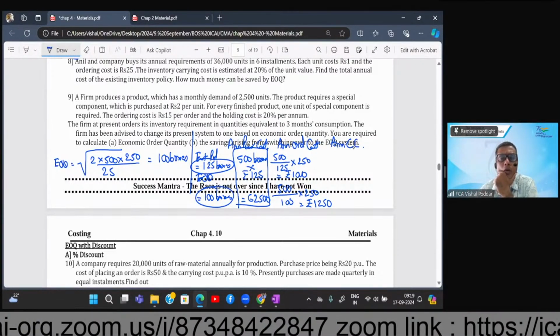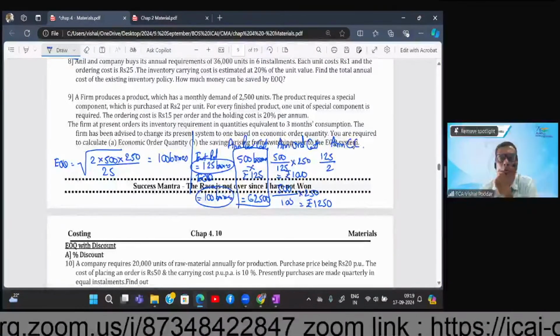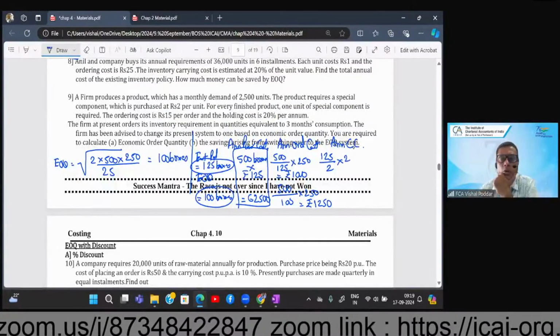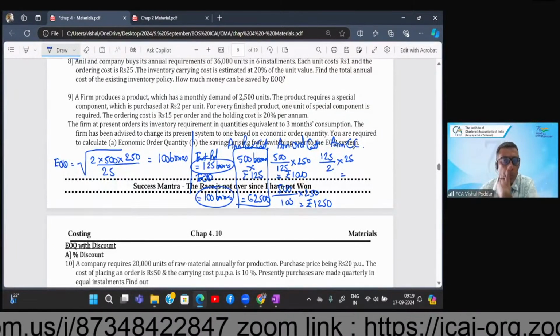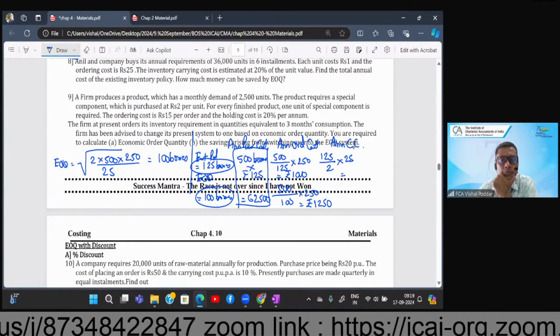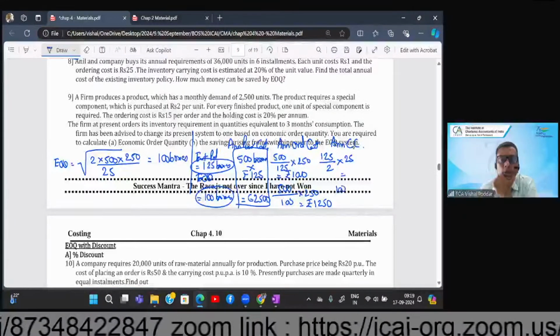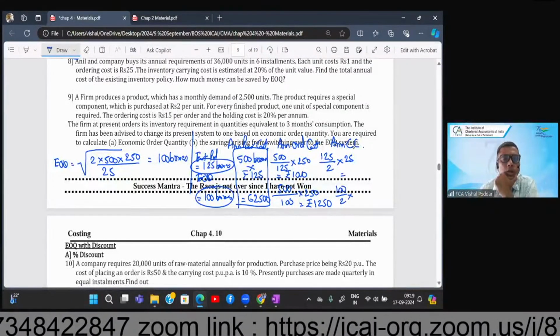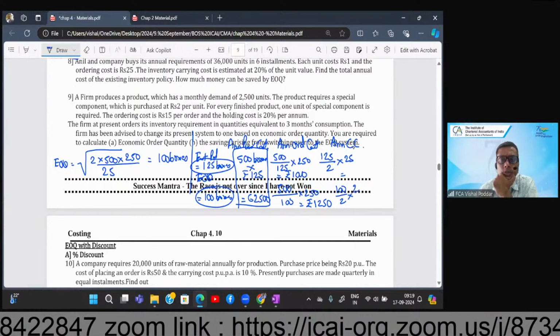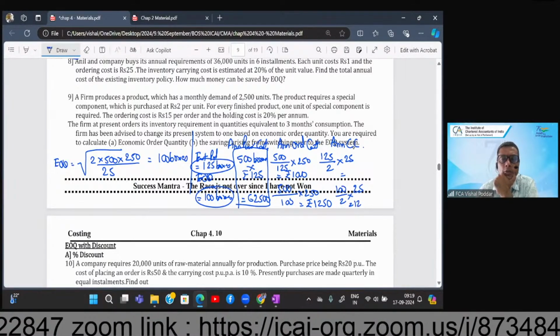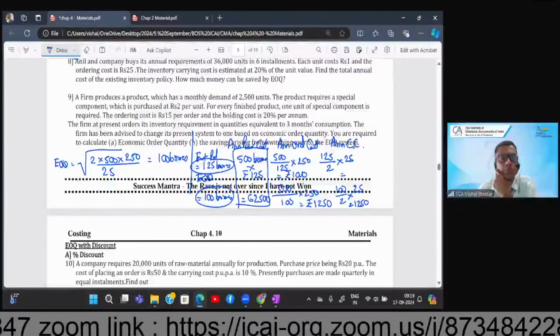Annual carrying cost is my order size, which is 125 upon 2, into carrying cost per unit, 25. Right? And here, again, order size, which is 100 upon 2, into 25. So here it will be 1250 only. Correct?